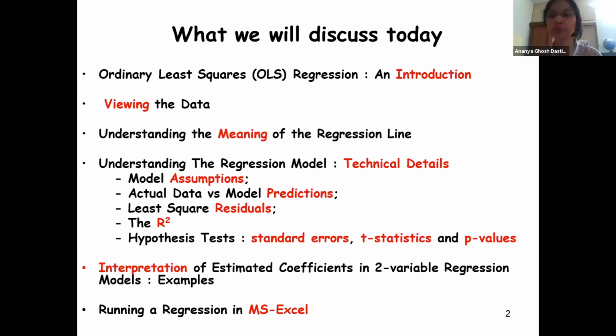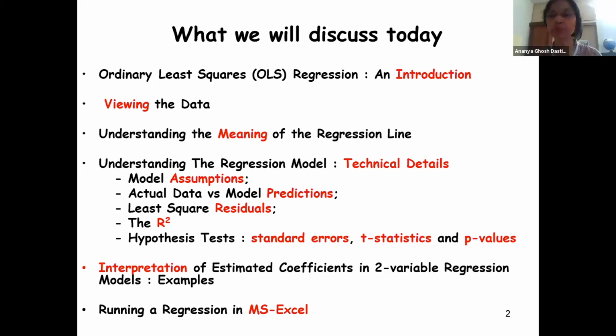So after viewing the data and understanding the meaning of the regression line, we'll move on to some technical details, which involve a deeper understanding of the regression model. So we will go through the model assumptions. We will look at model predictions, residuals, understand some of the results that are displayed when you run a standard ordinary least squares regression, such as R squared.